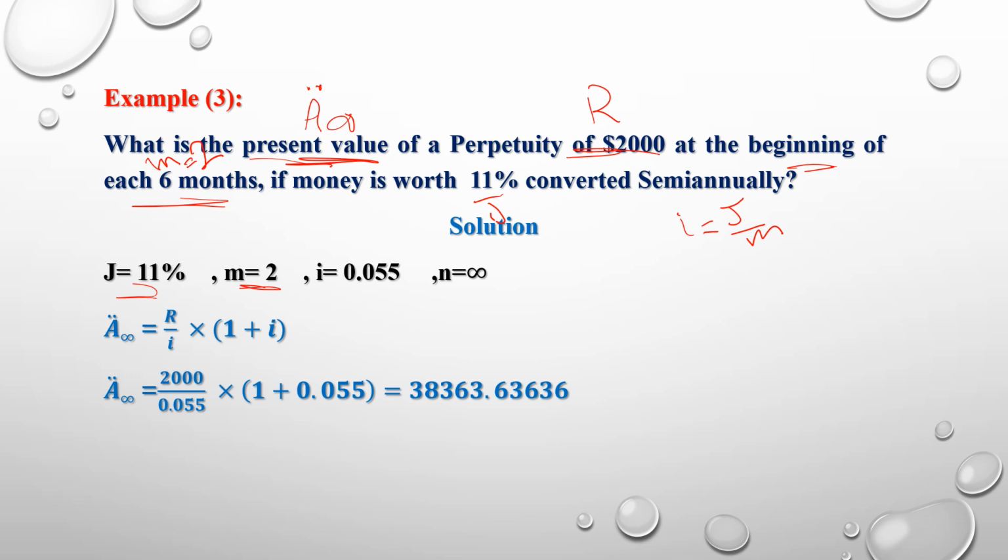The present value of a perpetuity due equals R over I times 1 plus I. By substituting the values of R and I, we get $2,000, which is the value of the perpetuity, over I times 1 plus I, and this equals the present value of the perpetuity.